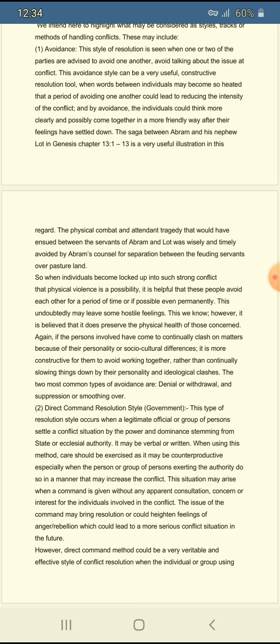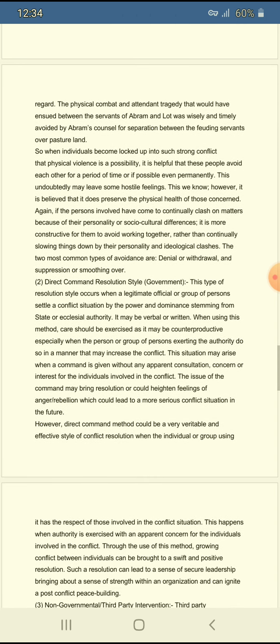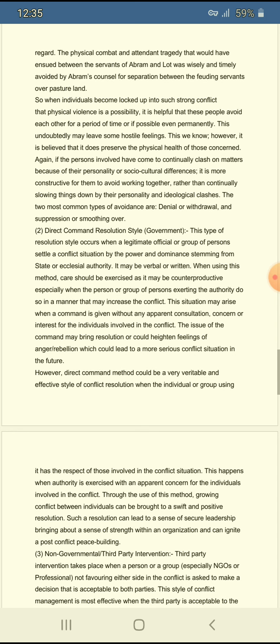We can see that situation in the NSAS protests that just happened in Nigeria. The government said the protesters should disperse and go, but they refused to go. Even though they tried to forcefully disengage them, they still stood their ground. That's one other method, the direct command resolution style.